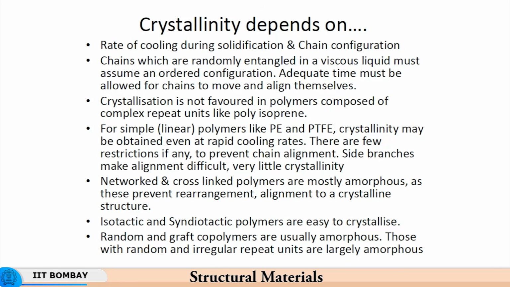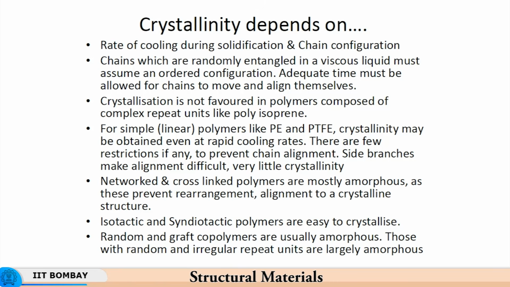So wherever a polymer has easy crystallization, then even if the cooling rate is high, still it will not form amorphous polymer. Even a high cooling rate is enough. It needs a very short period of time for the chains to align themselves and make an ordered arrangement of atoms.